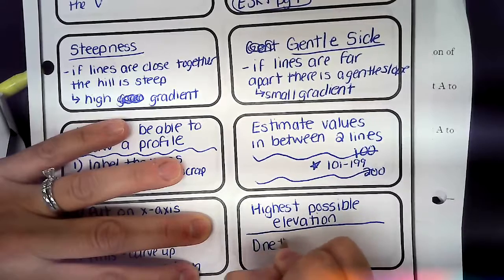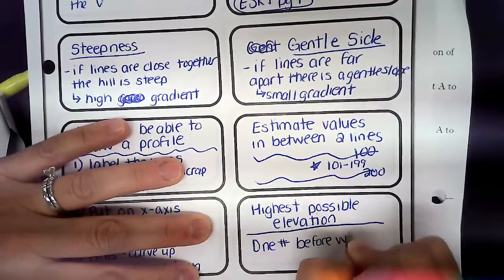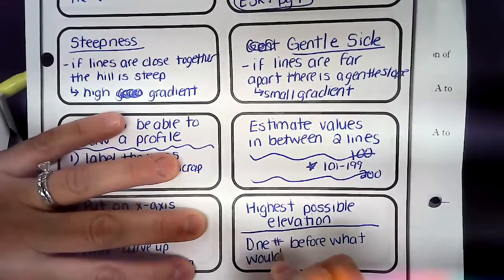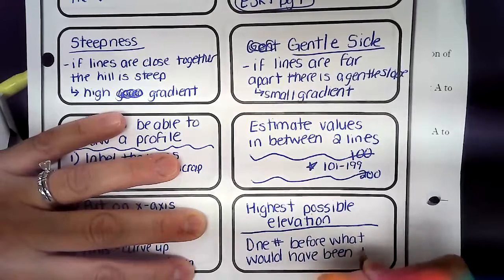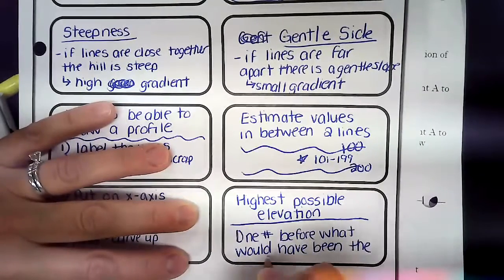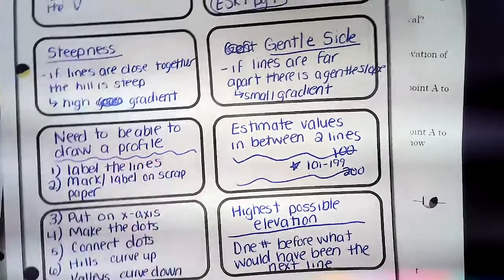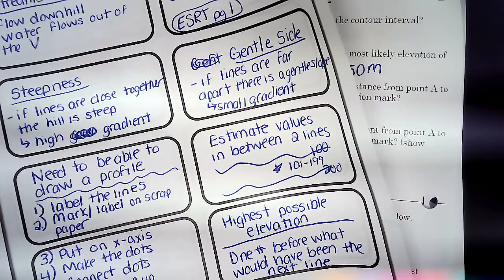One number before what would have been the next line. So you go to what would be the next line and you just subtract 1.